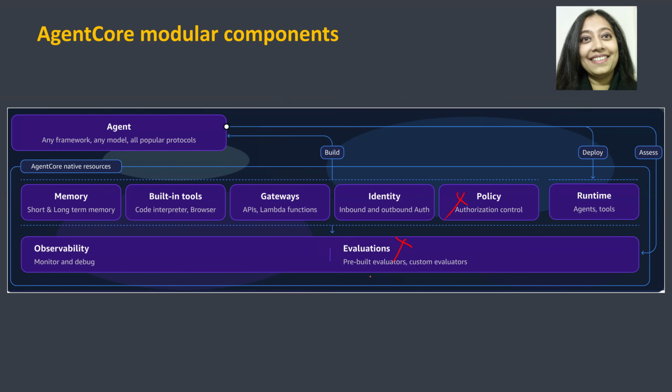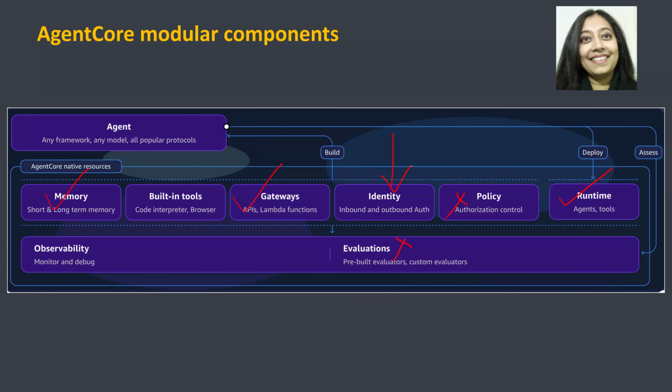From these, when I initiated this series, first we looked at AgentCore Runtime. After that, we evaluated Memory. Then we worked with Gateways. So we have completed these three modules: Runtime, Memory, and Gateways. Today, we will start with another module, and that is AgentCore Identity.